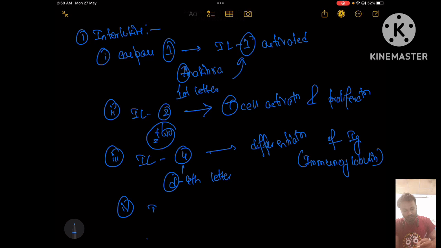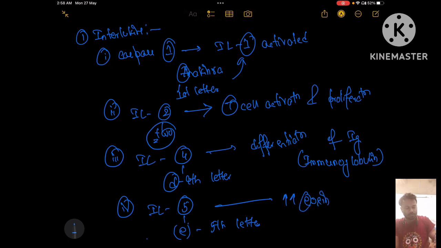Next, interleukin 5, E, fifth letter. So, it causes activation of eosinophil.